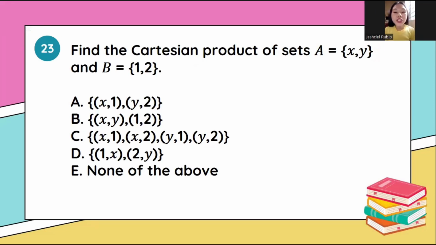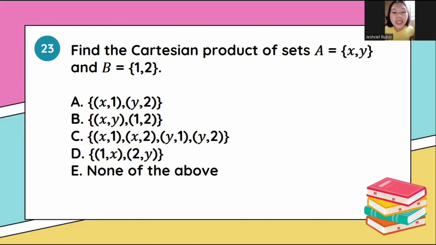Find the Cartesian product of sets A is equal to the set of x, y, and B is equal to the set of 1 and 2. Letter A, the set of x1 and the set of y2. B, the set of x, y, and the set of 1, 2.